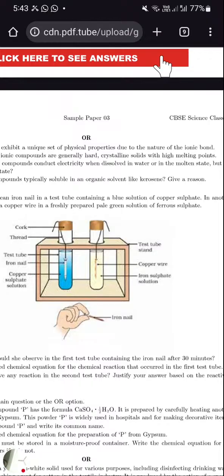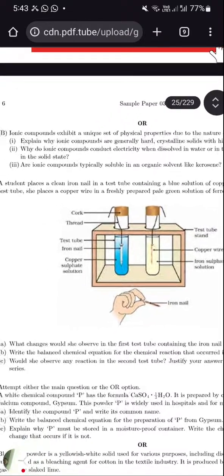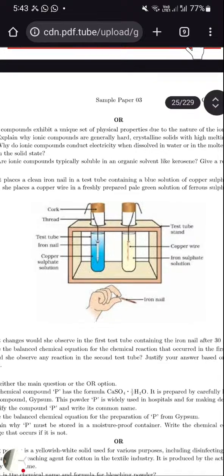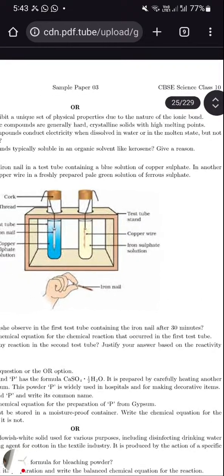Okay, after that, the next question is: why are ionic compounds hard crystalline solids with high melting point? Do you know this answer? Say yes or no. We'll move to the next question then.